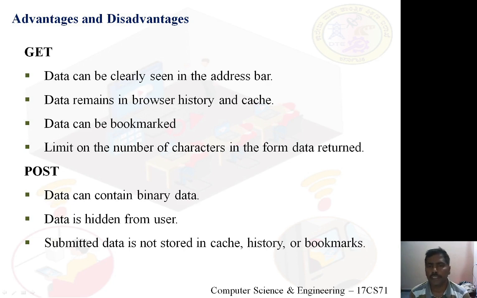In case of get, data remains in browser history and cache memory, whereas in post, data doesn't get stored in browser history, cache memory or bookmarks. In get, data can be bookmarked.